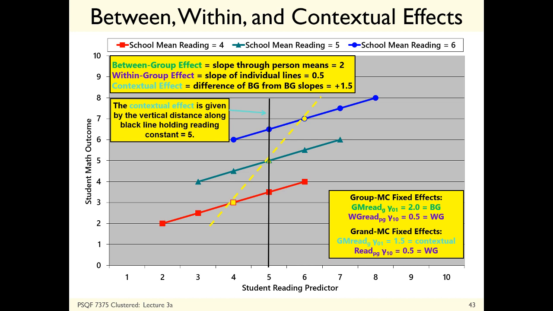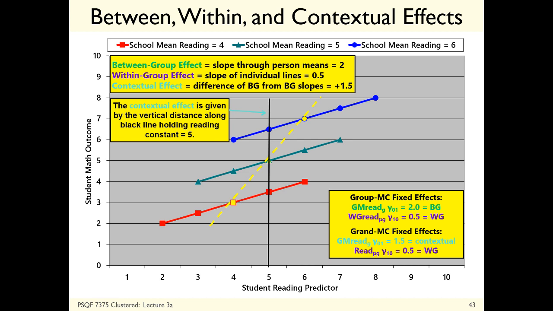Now, after I control for the fact that I read a lot to my kid, is it good that I send him to a school where other parents are doing lots of reading too? Does that help extra? If it does, there's a contextual effect. A lot of clustered data hypotheses are phrased that way: what is the extra impact of your environment after you control for your own characteristics? The contextual effect directly answers that question.